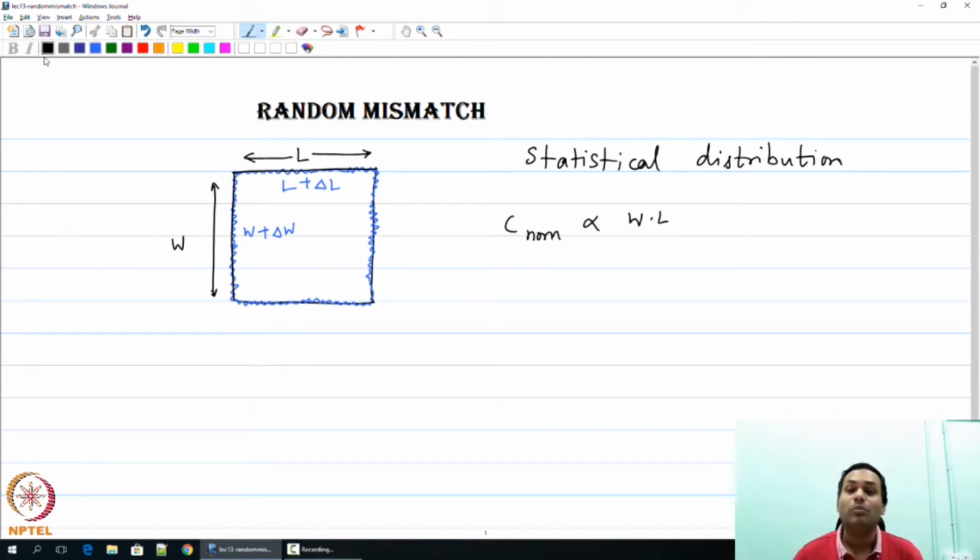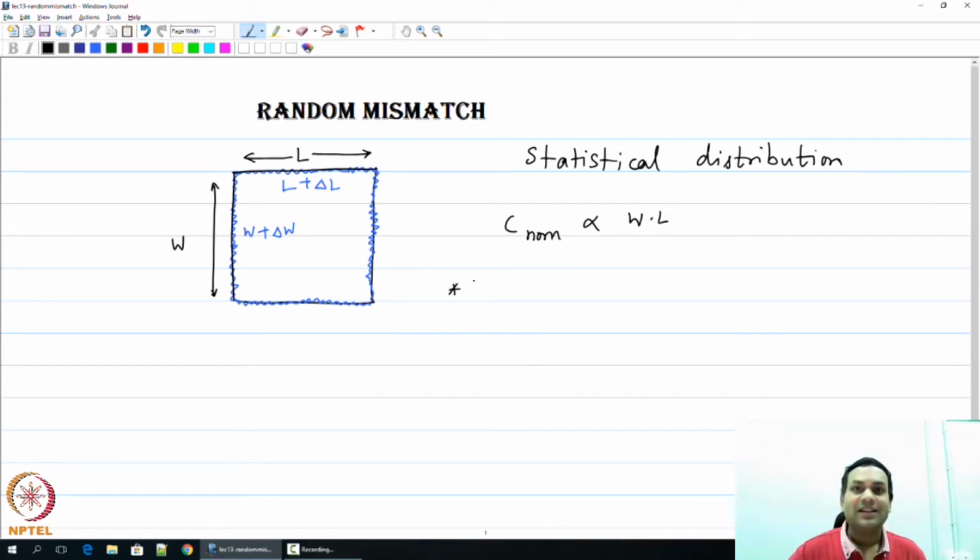Now I need to find out a way to minimize this value of delta L and delta W. It turns out if you just do a statistical analysis of this particular structure, for example, you could slice this into very small strips either in the vertical direction or the horizontal direction.